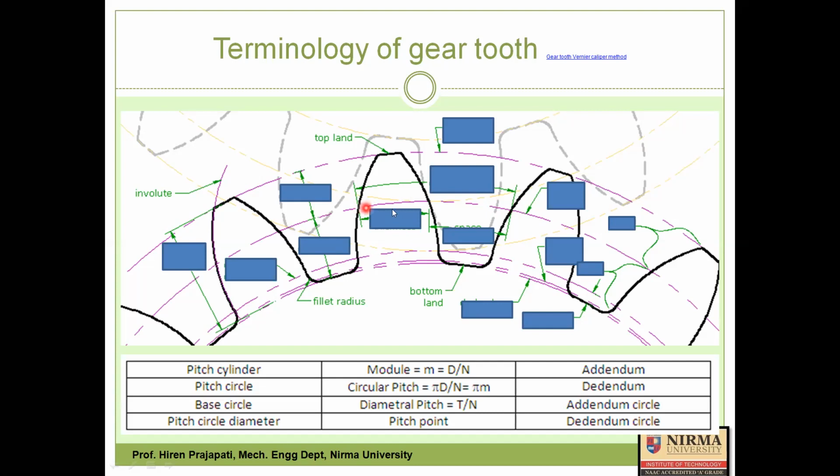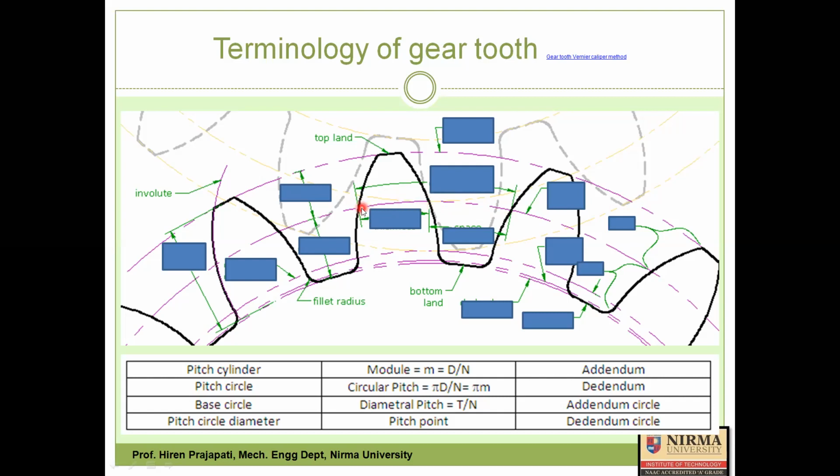Because this pitch circle is having a total angle, because it's a circle, so the total angle is 360 degree. Now from 360 degree, if I divide 360 degree by N, the number of teeth, then I get the angle covered by one circular pitch, means the angle by this arc. Okay, if I half that angle, then what do I get?